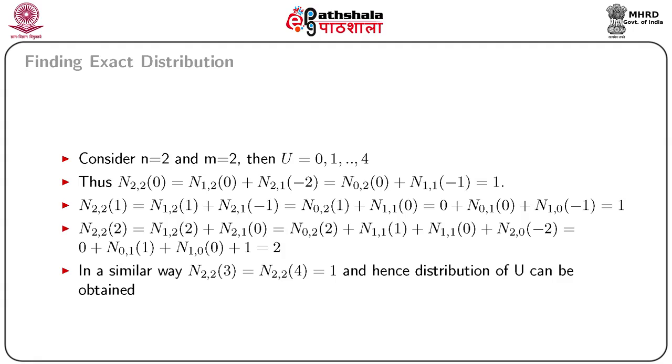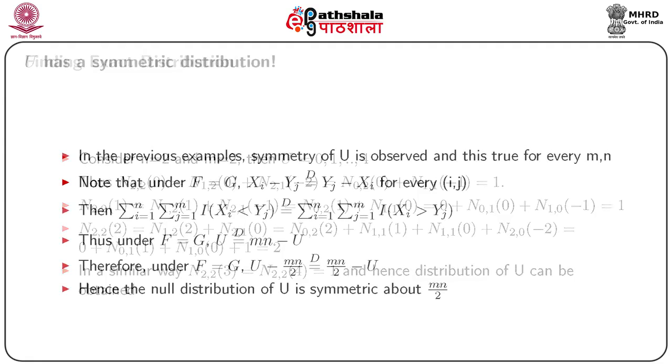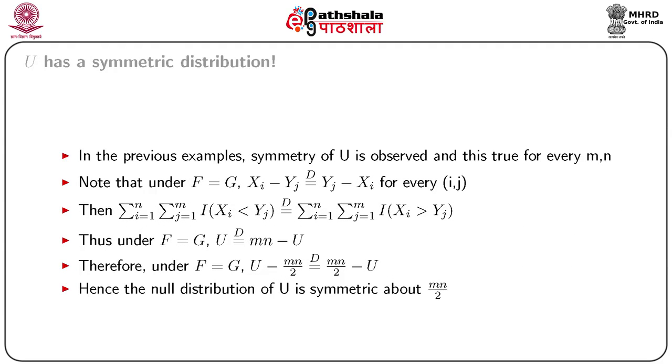For the first example, u takes two values, each with probability half. For example 2, u takes three values, each with probability 1/3. For the last example, the middlemost value has the highest probability and the values equidistant from this highest value have equal probabilities. Thus, u has a symmetric distribution.